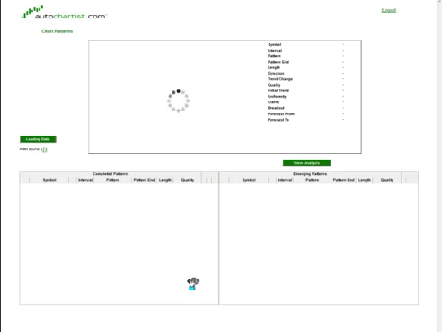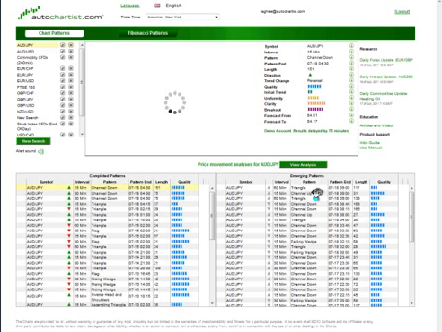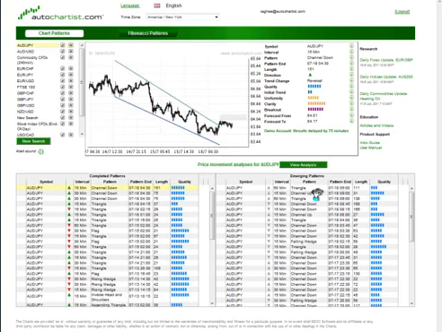So I'm logging into the web-based, standalone AutoChartist platform, and I know I've shared the pip movement ranges from this site before. I just want to show you how I'm overlaying the price movement analysis on my MT4, the price movement analysis that we typically look at on the standalone here.